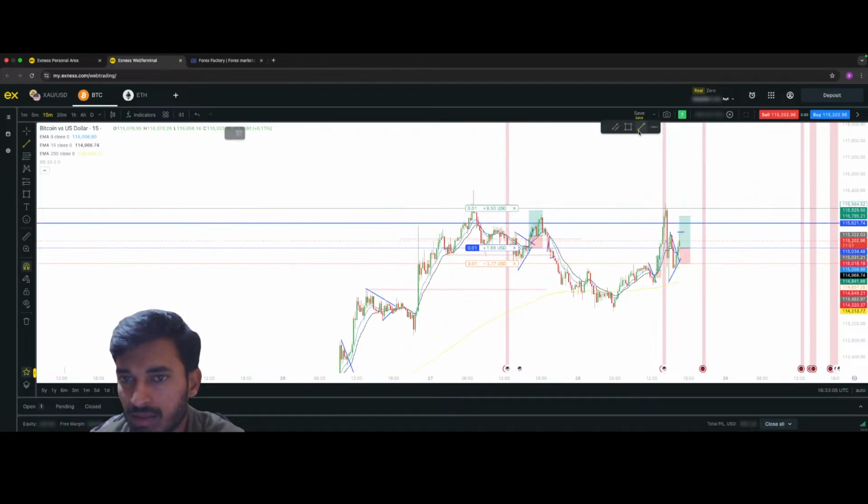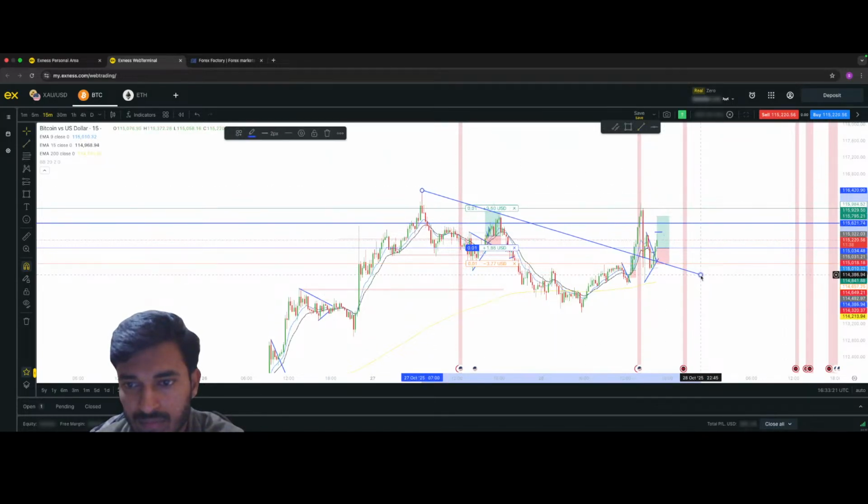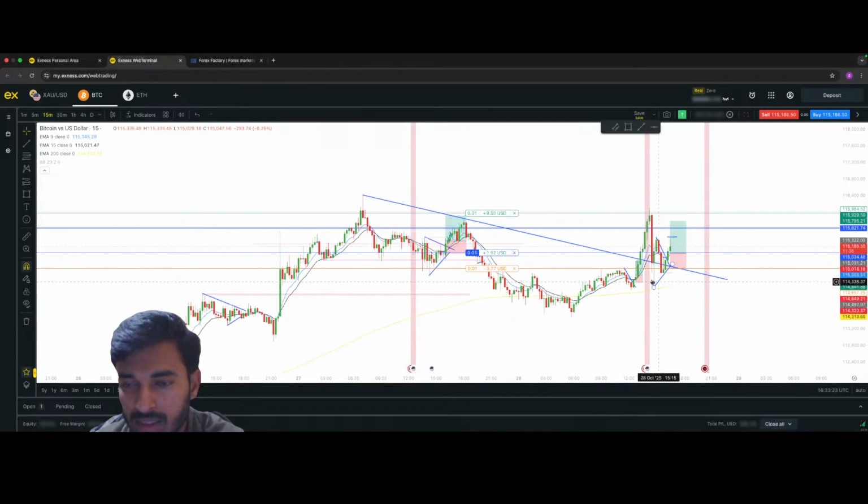I think, see this trend line in 15 minutes. This trend line has broken, right?